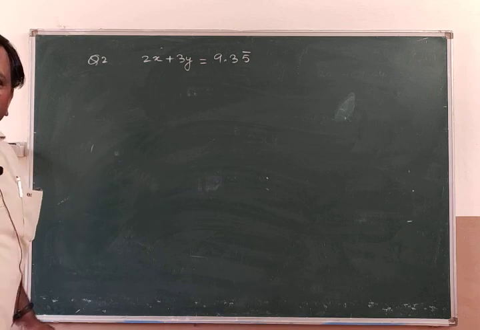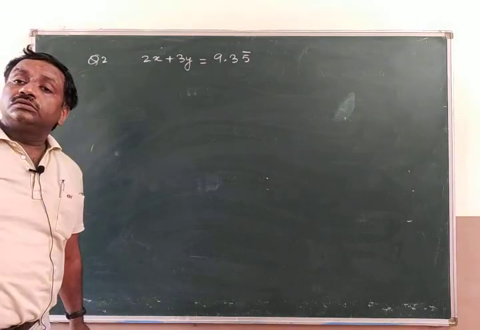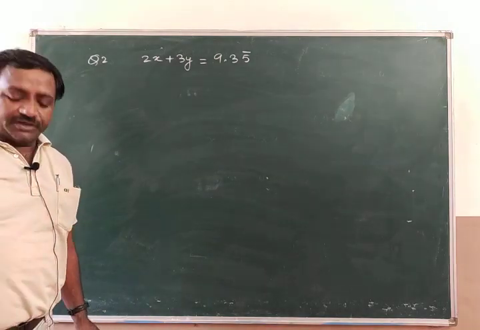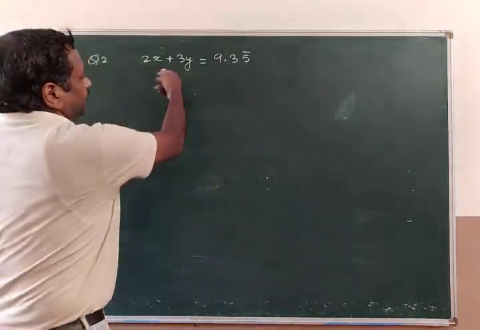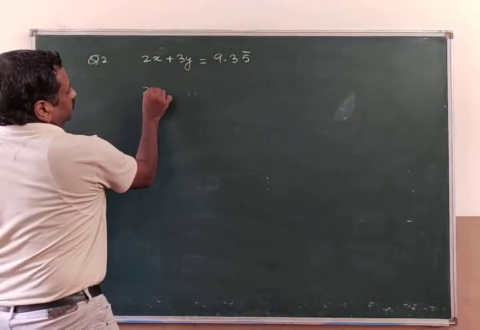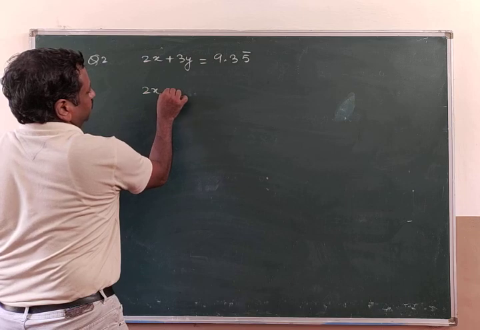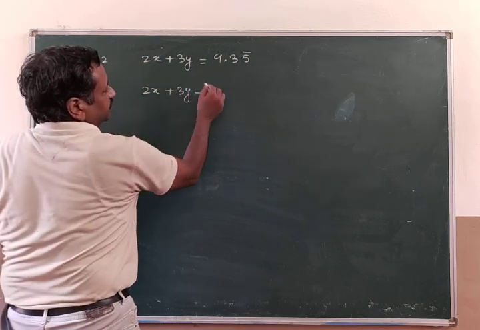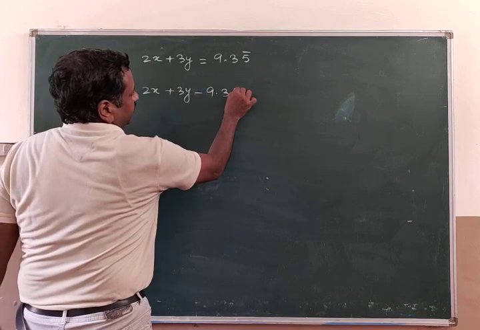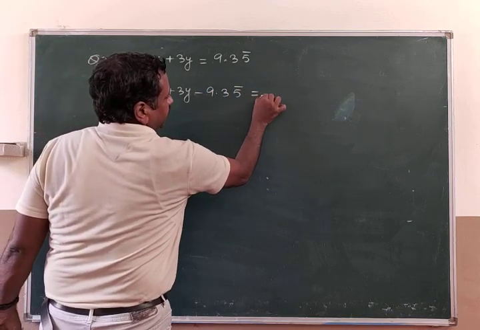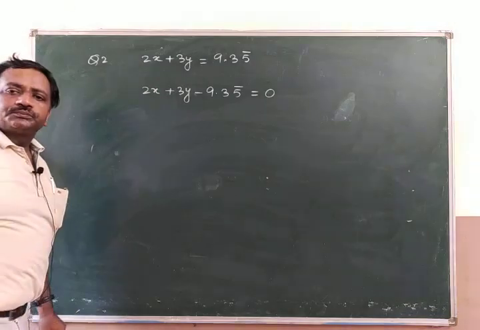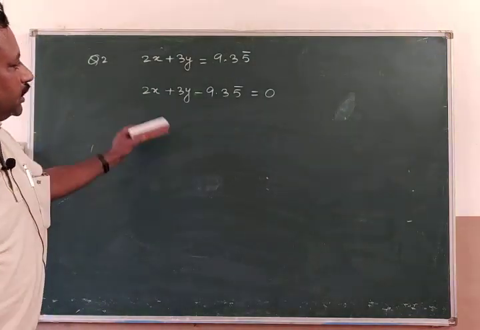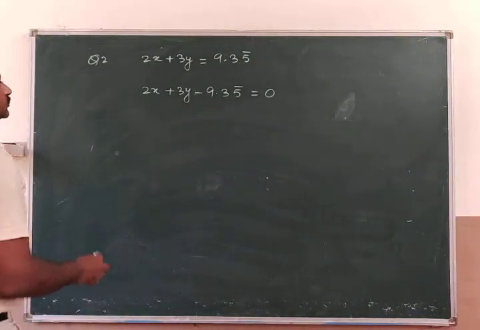First of all, we need to convert it into general form because it is written in the heading: write the equation in general form ax plus by plus c. Take this number to this side, 9.3 under the bar 5, and make the right hand side 0. Now it is general form.